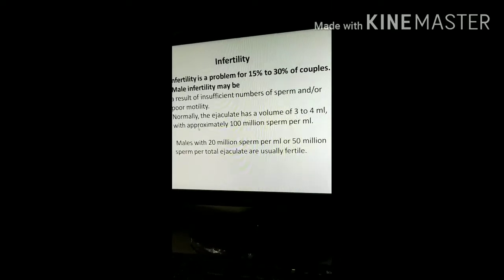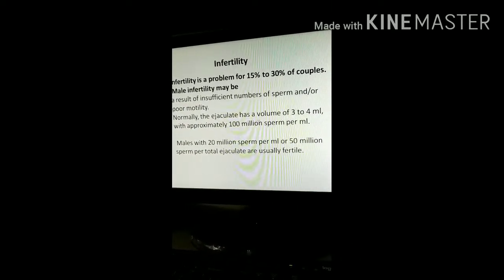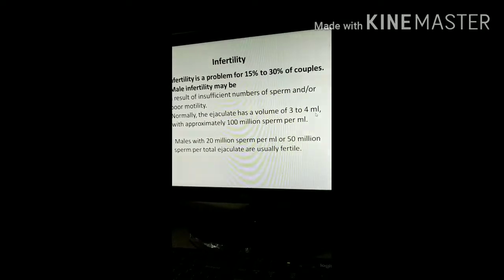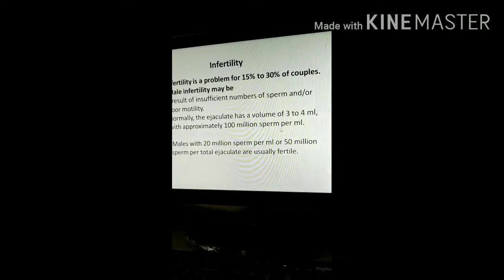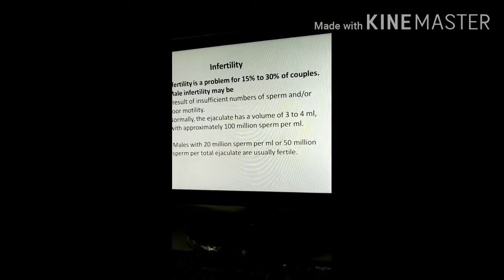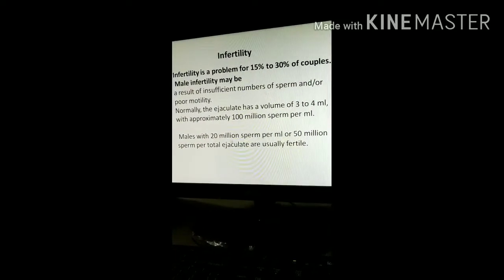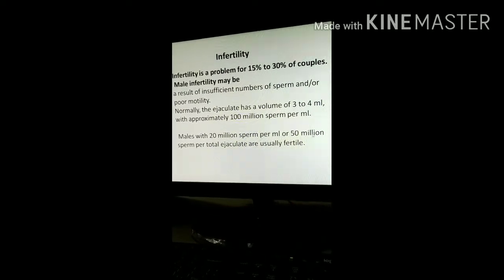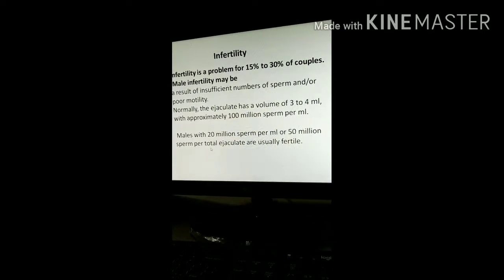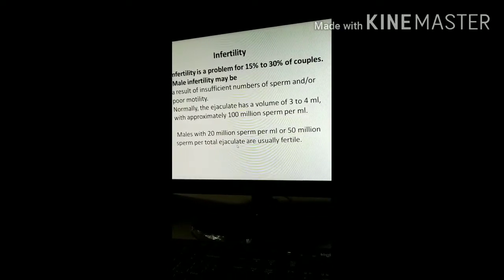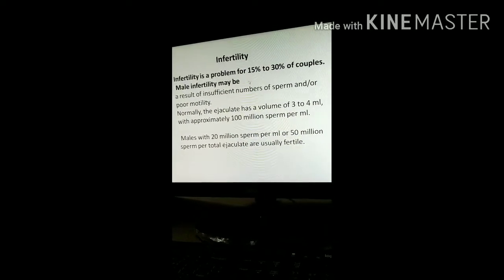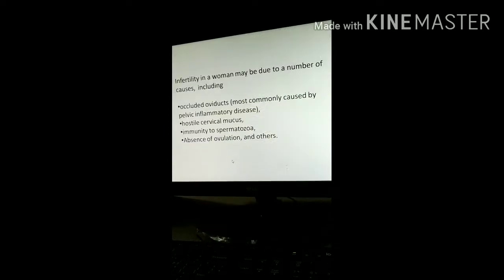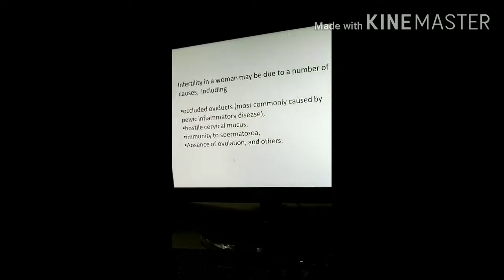Normally the ejaculate has 30 to 40 ml of semen and approximately 100 million sperm per ml. Males with 20 million sperm per ml or 50 million sperm per total ejaculate are also considered fertile. If it is below that, the person is infertile.